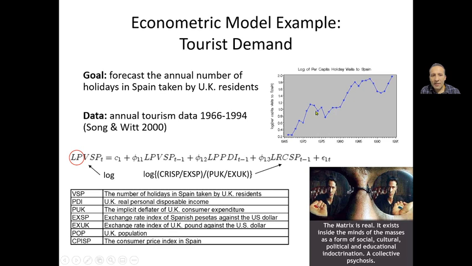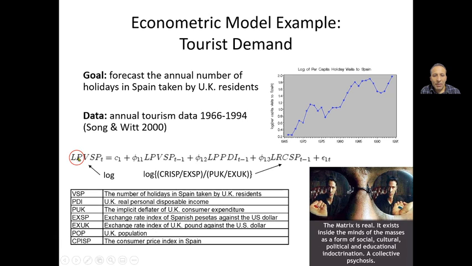This data series is taken from research with data from 66 to 94, and it is interesting because it allows us to use an econometric setting here.